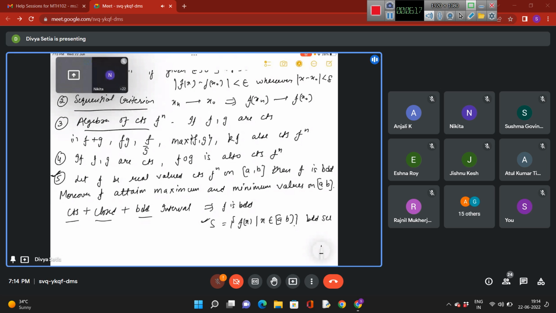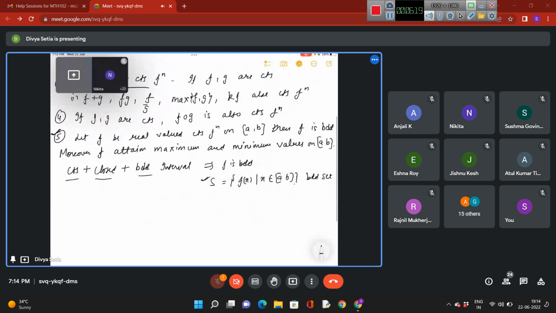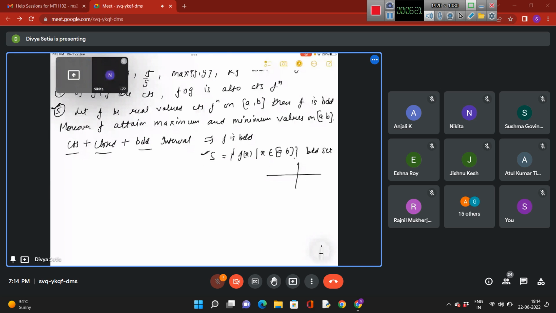That means if you draw the graph of the function, it should start and end somewhere. It cannot go to infinity from either the right or the left. This graph cannot be unbounded. It cannot be of this form.